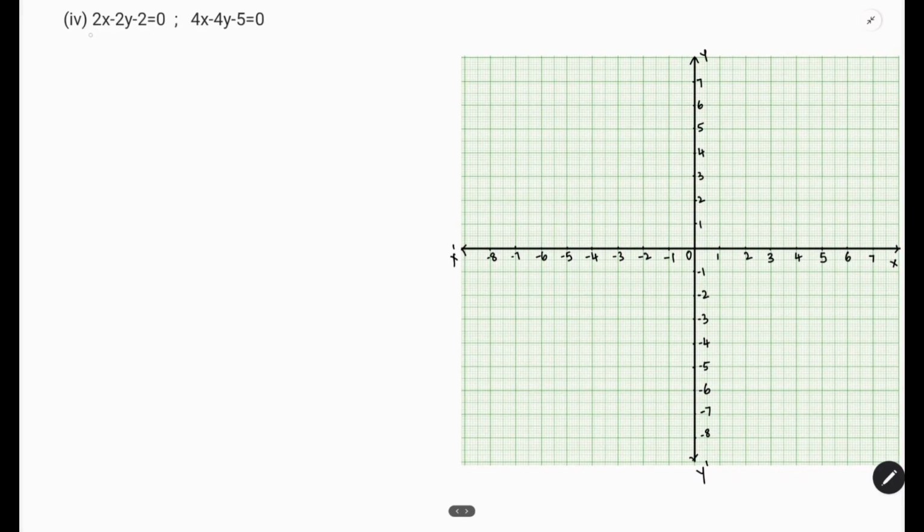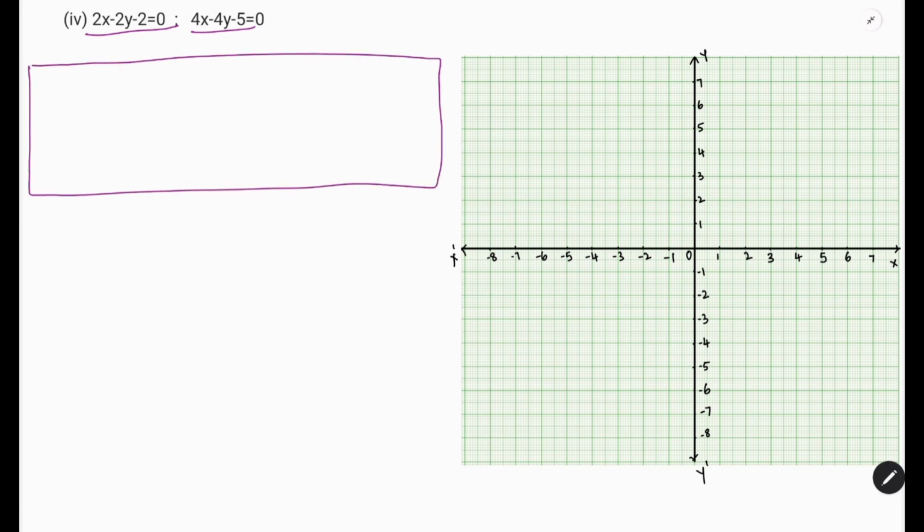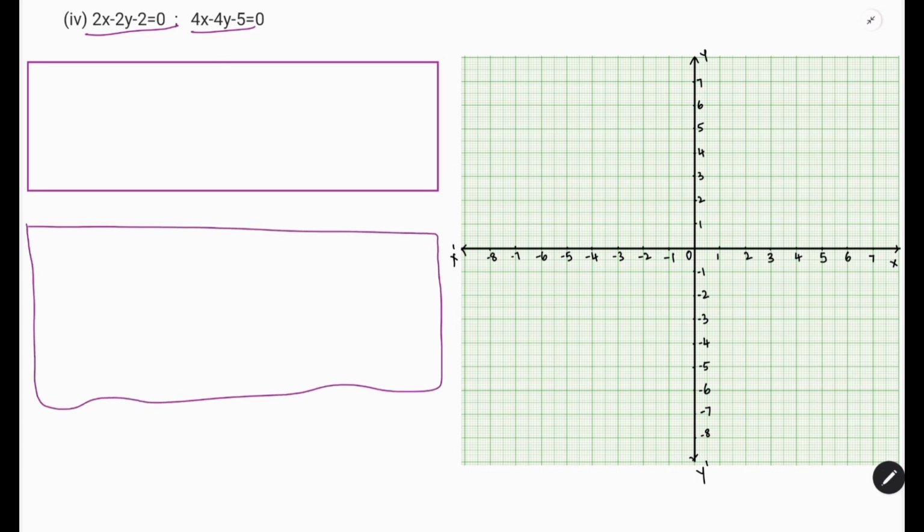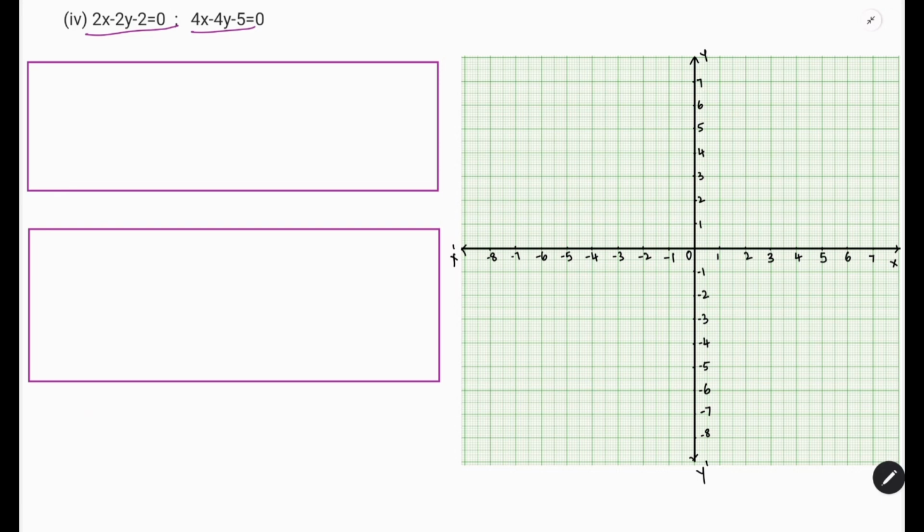See, this is the fourth one. Two equations are given. See, we will assume the values of x and we will find out the values of y. If in this first equation x equal to 1, so 2 into 1 minus 2y minus 2 equal to 0.